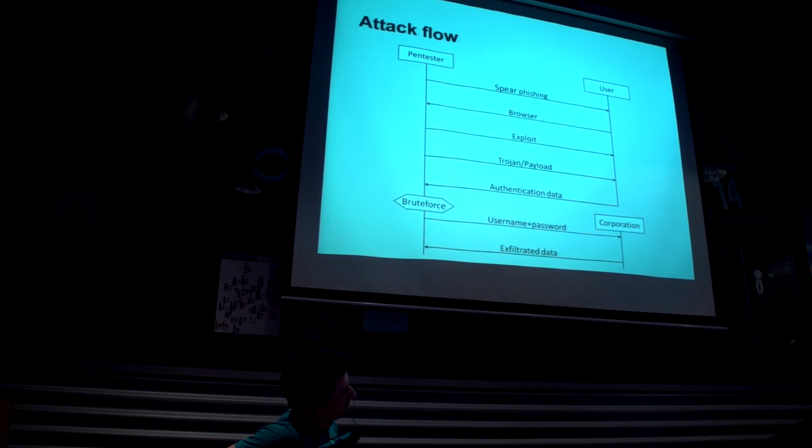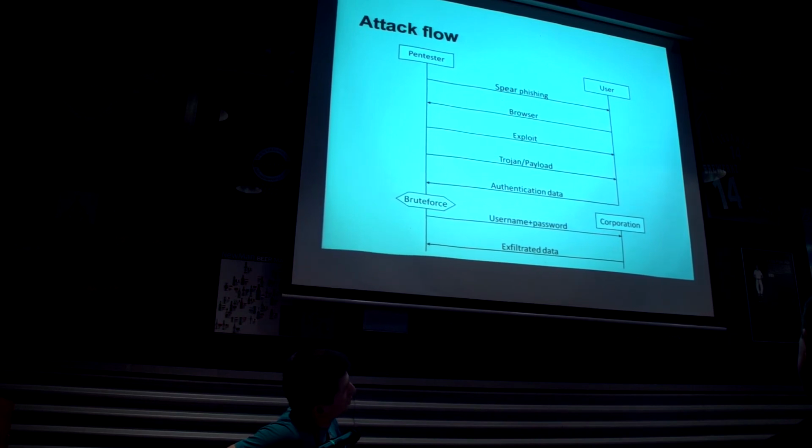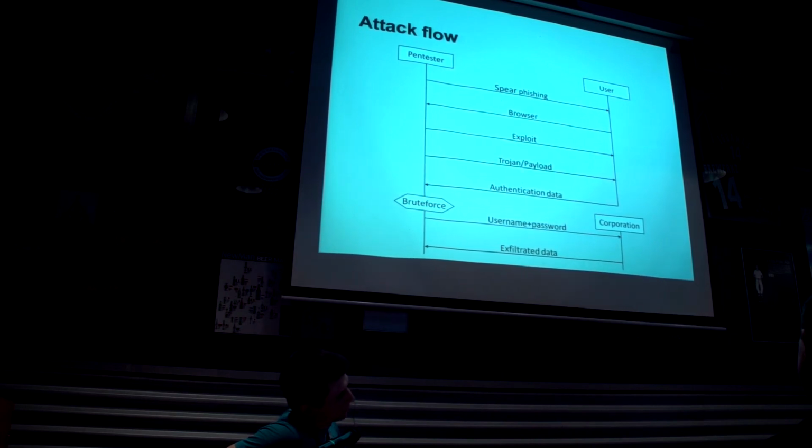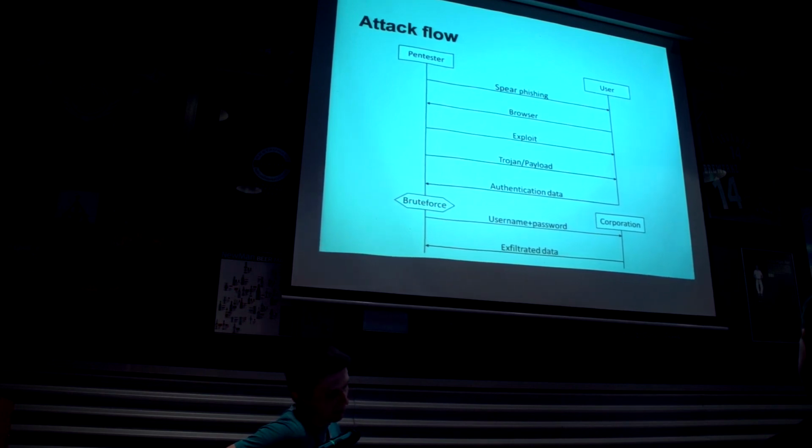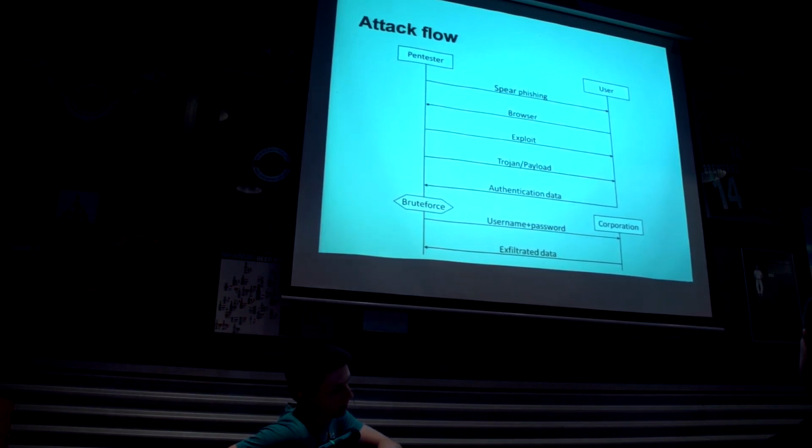Of course, you assume that users have some kind of simple password. Using that username and password, you could exfiltrate any data from a corporation that's available through the internet.